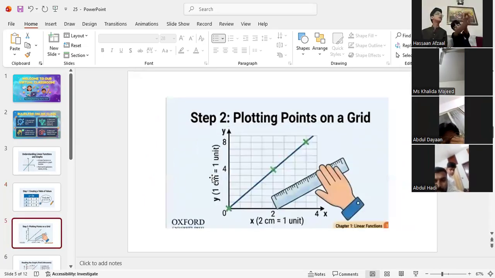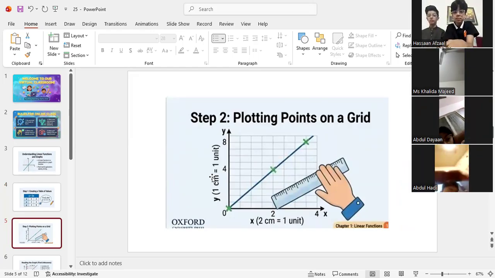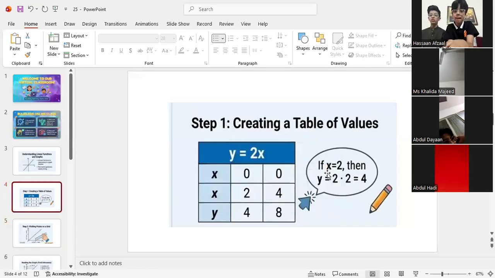Now, if I'm talking about plotting points on a graph paper, how will I plot the points? If we look at the last figure, the value of x is 2 and the value of y is 4, so I have the coordinates 2 and 4.